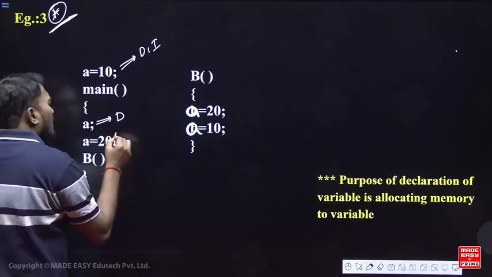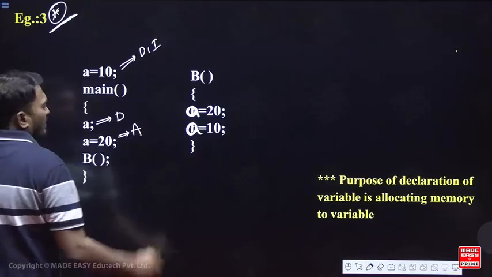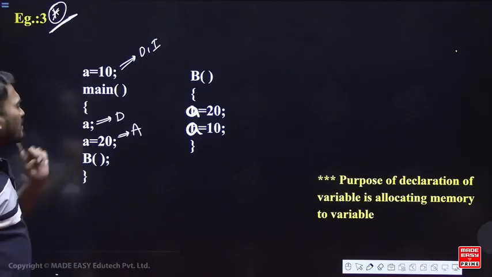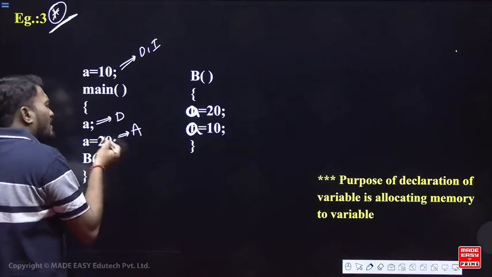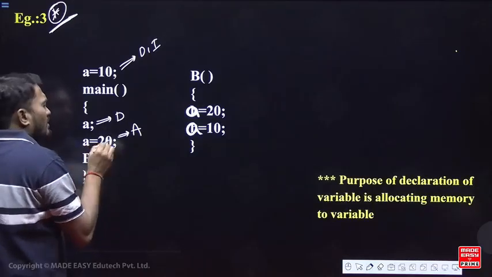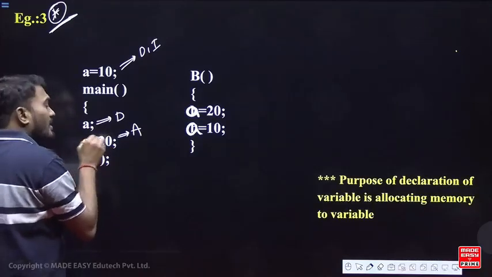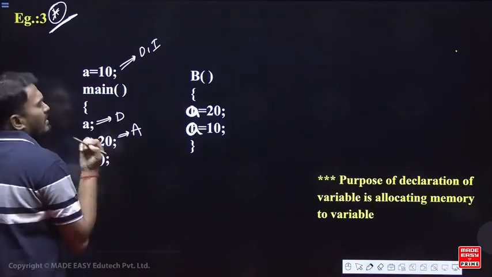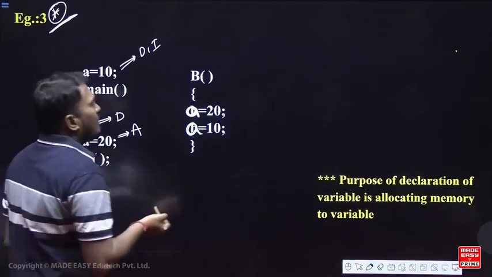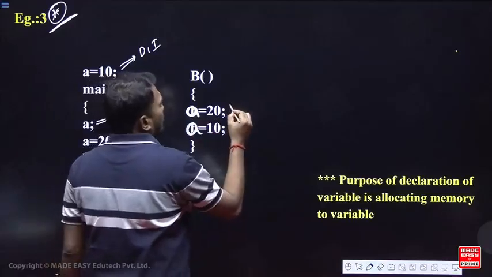Next, so this is called declaration. Now tell me, what is this called? Very good, assignment. So this is declaration and this is assignment, because this cannot be a declaration again. Already you declared the variable, how can it be a declaration here? So this is just assignment. Next, now tell me, A equal to 20, A equal to 10, what is this called?